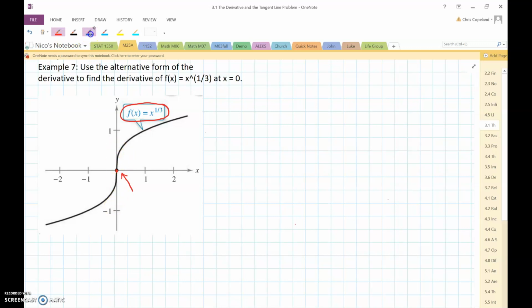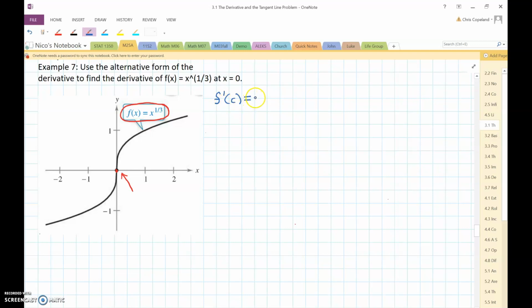So the alternative form for the derivative would be f prime of c. Remember, c is another way of saying at a specific x value.